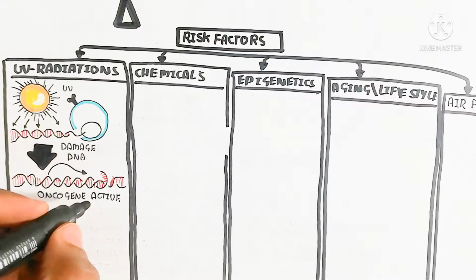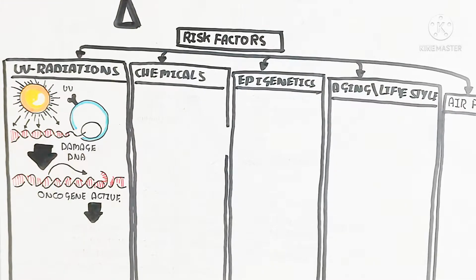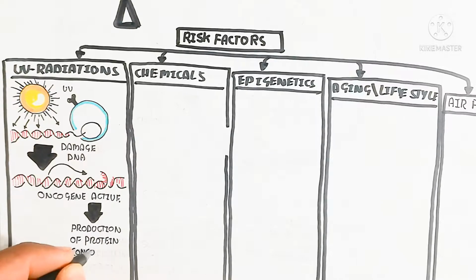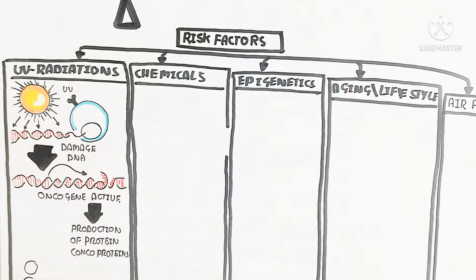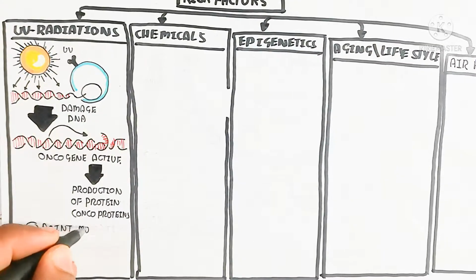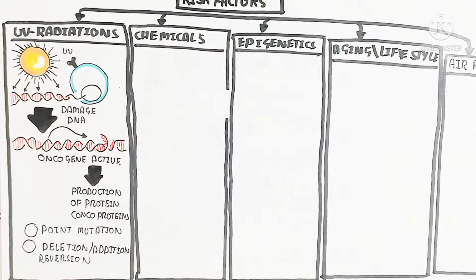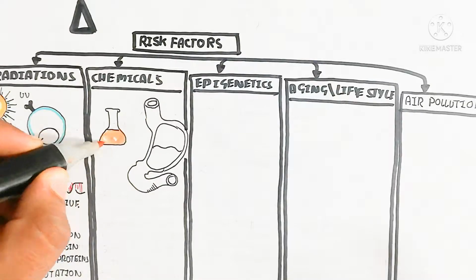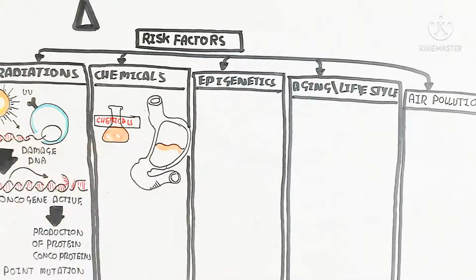This oncoprotein arises due to point mutation, deletion and addition of nitrogenous bases, and in this way the point mutation will lead to cancer due to more and more protein synthesis related to the oncogene, and cell proliferation and cell growth will be more.